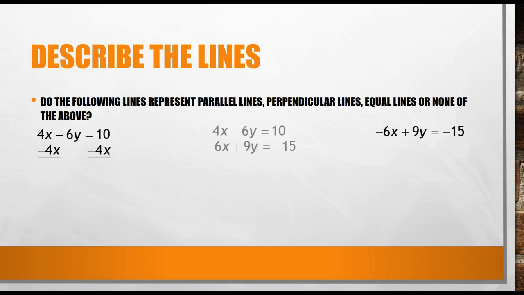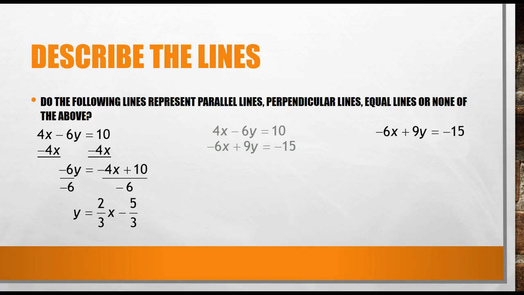So I'll start with my line on the left, subtracting 4x, and then dividing by -6. And when comparing lines, we need to make sure that our lines are completely simplified. So when we manipulate our top equation, we would get -2/3 x minus 5/3.